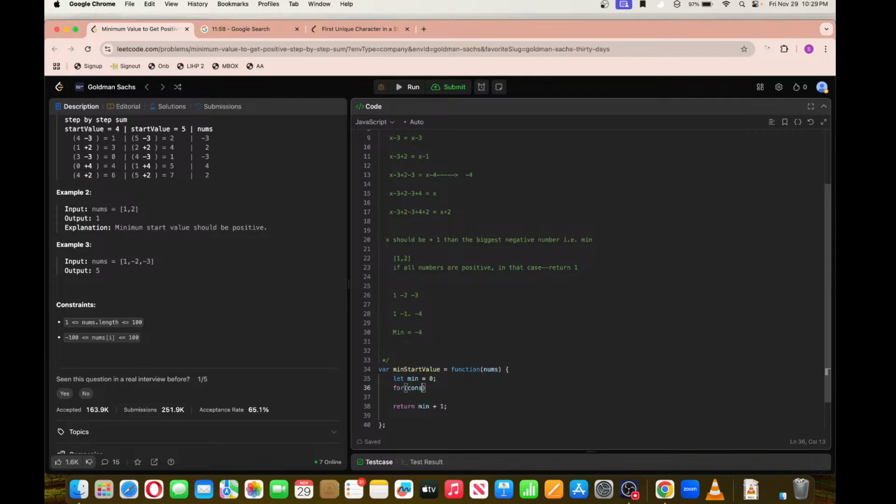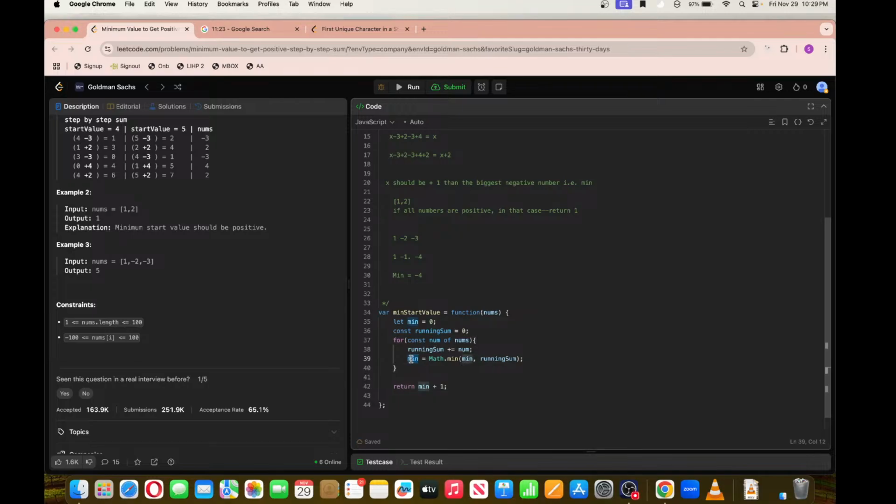And for each number in nums, I keep a running sum. This will give me the minimum number, the biggest negative number, and the answer will be minimum plus 1 at the last.